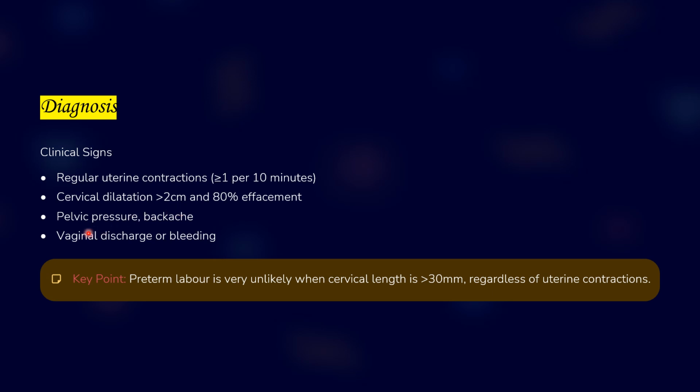There should be pelvic pressure or backache, and vaginal discharge or bleeding may be seen. And there are certain things that you need to remember: preterm labor is very unlikely when cervical length is more than 30 millimeters regardless of uterine contraction.